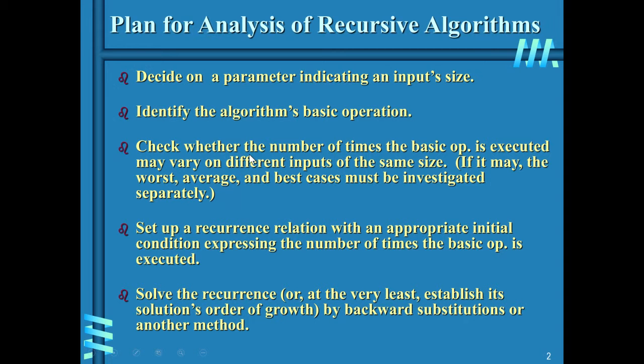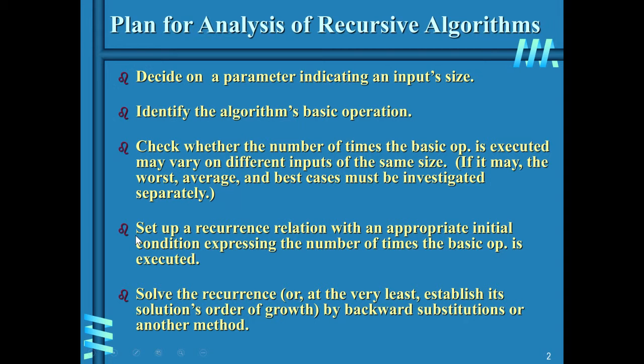Then we have to check whether the number of times the basic operation is executed may vary on different inputs of the same size. So the first three steps are exactly the same as in non-recursive algorithm time complexity analysis.